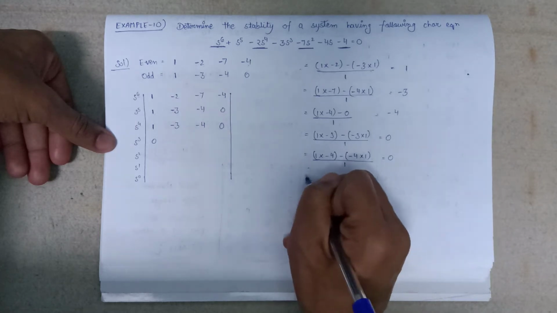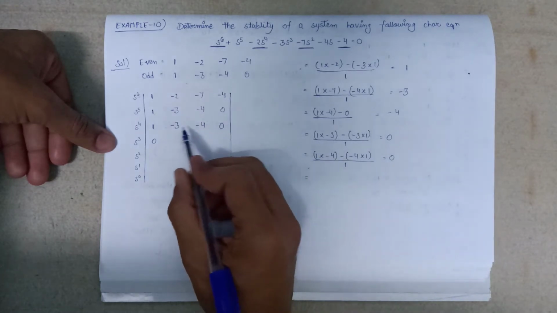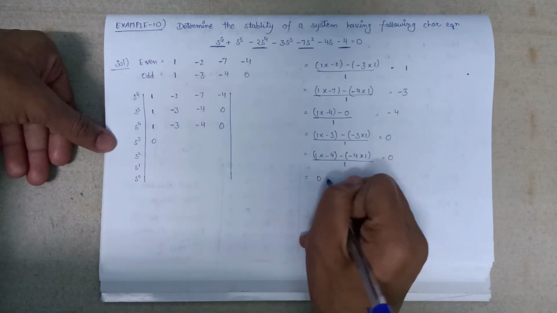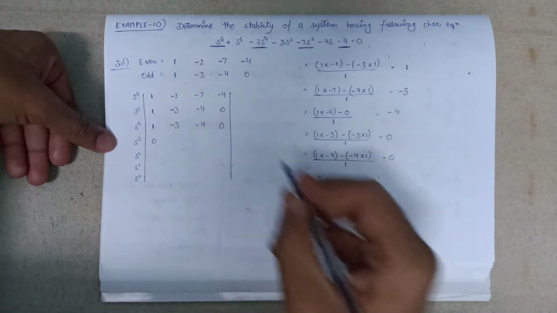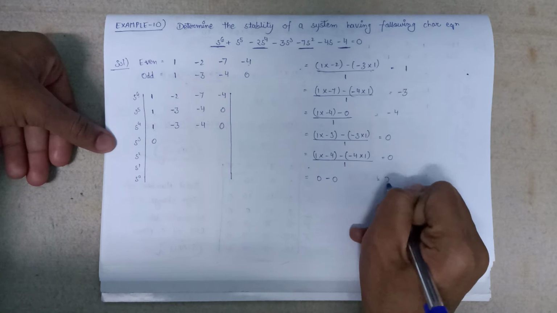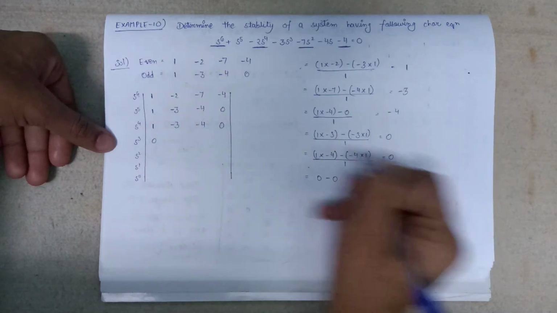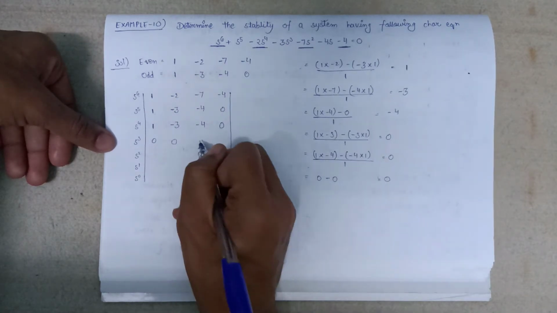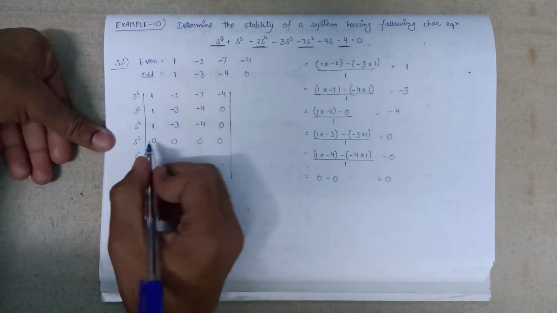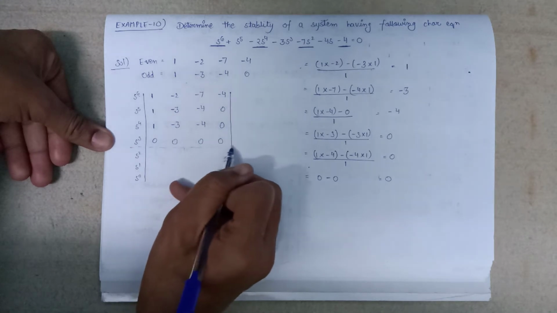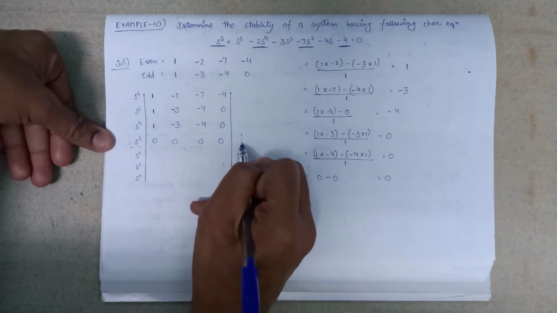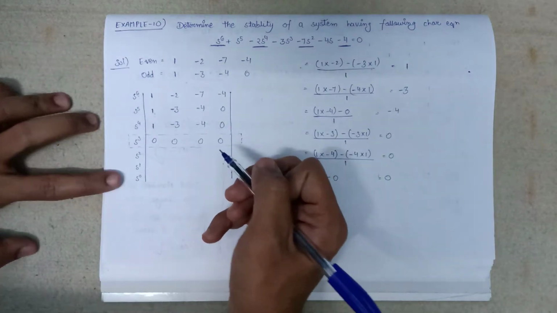After that, 1 multiplied with 0 minus 0 multiplied with 1 again gives 0 as the output. So we fill this 0 here and this 0 here, and for the remaining entries we simply put 0. You all notice that this is an all-zero row.